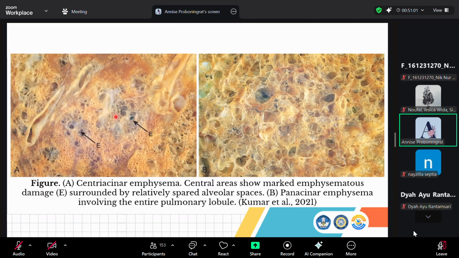The central area shows marked emphysematous damage and is surrounded by relatively spared alveolar space. And the right figure here is the panacinar emphysema involving the entire pulmonary lobe.